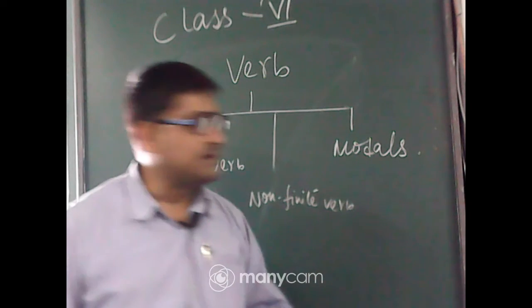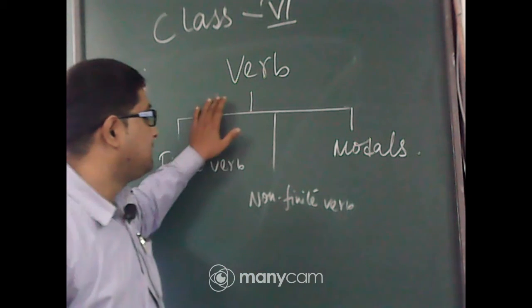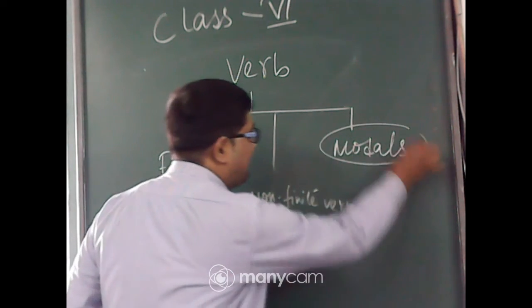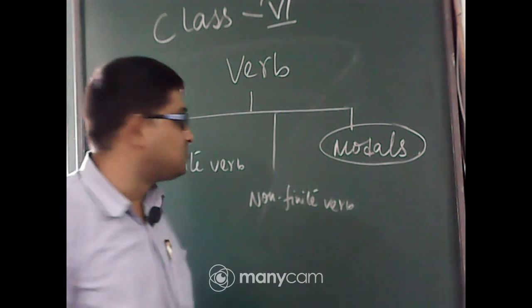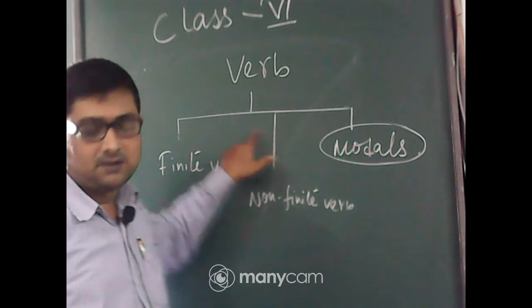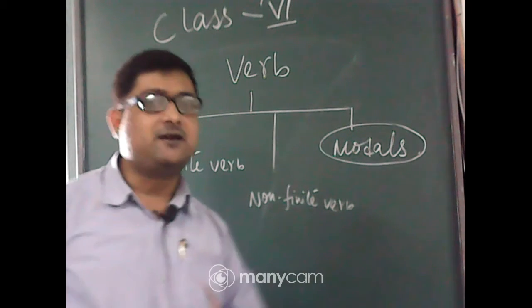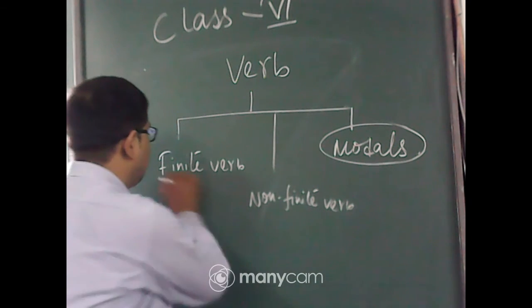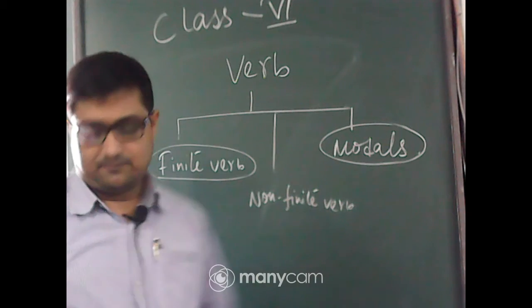You can see on the board that I have written verb, and here we are discussing modals. So modals are a part of a verb. Here it is stated as ordinary verb, and an ordinary verb can be termed a finite verb as well.